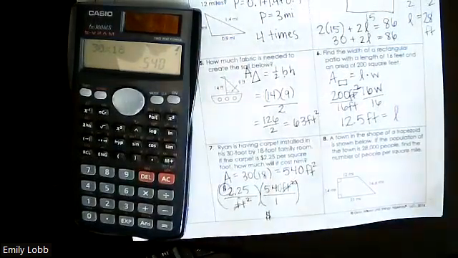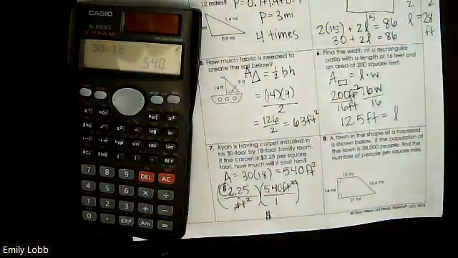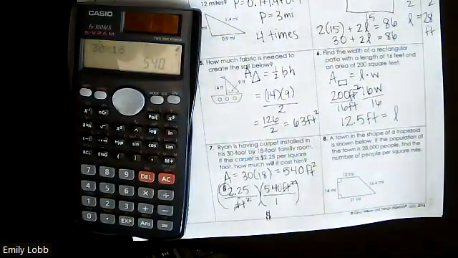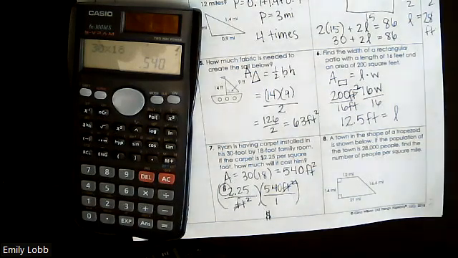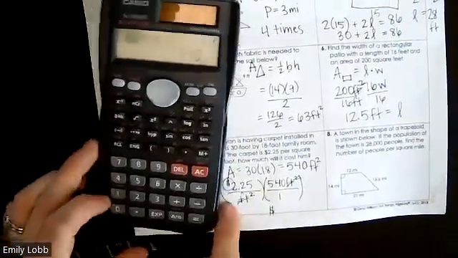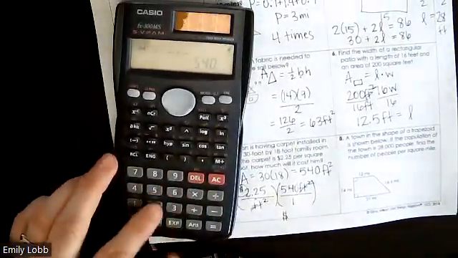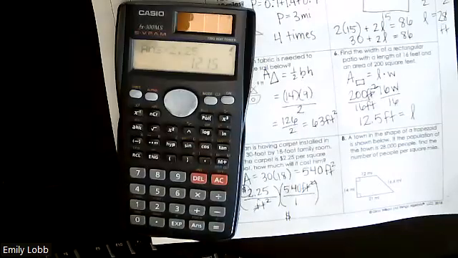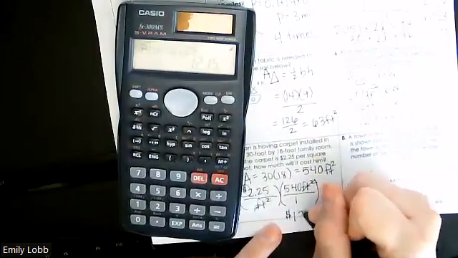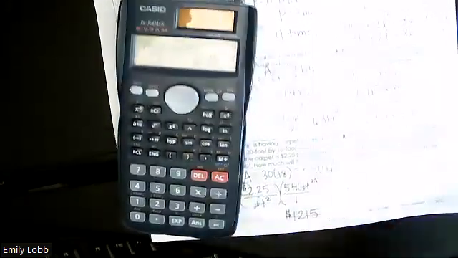So this proves why we multiply, right? So yes, you should know that we would need to multiply by the price per square foot. So 540 times $2.25 is equal to $1,215.